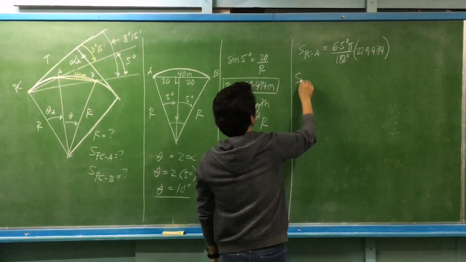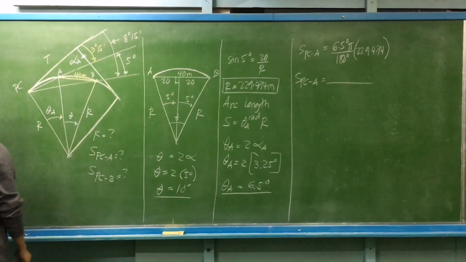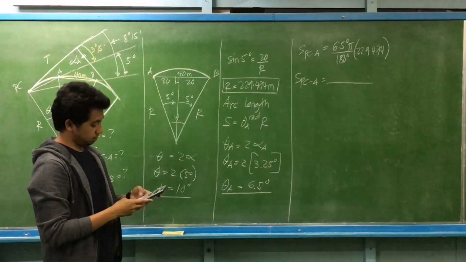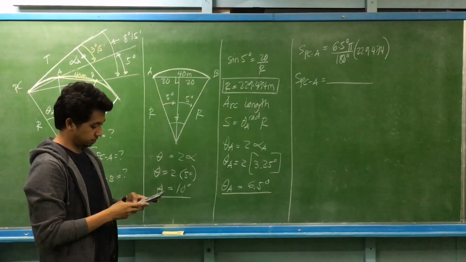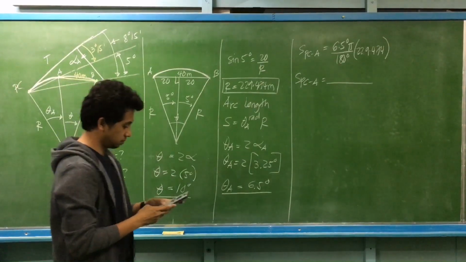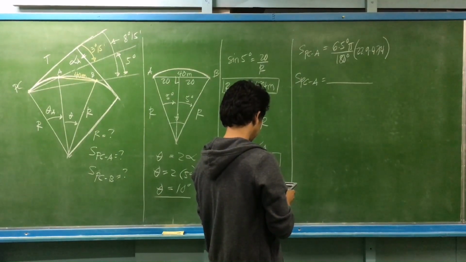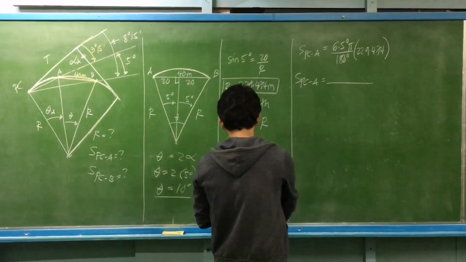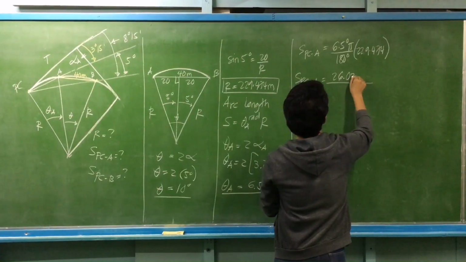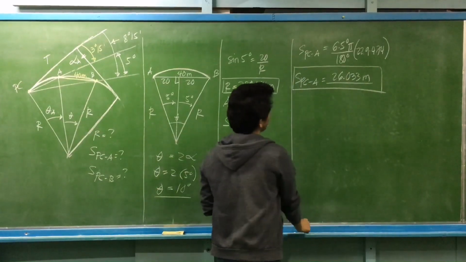So kunin natin the arc length from PC to point A. So it will be equal to 26.033 meters. So ito na yung sagot natin for the second requirement, 26.033 meters.